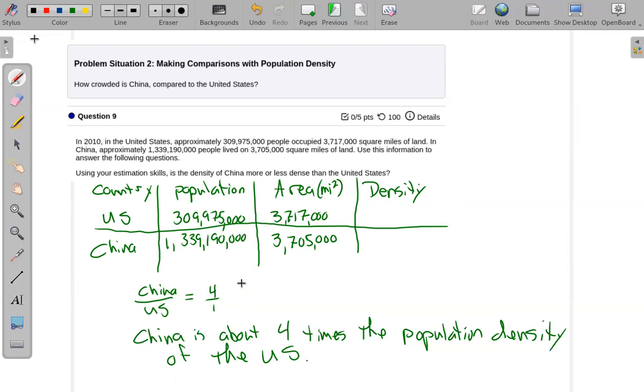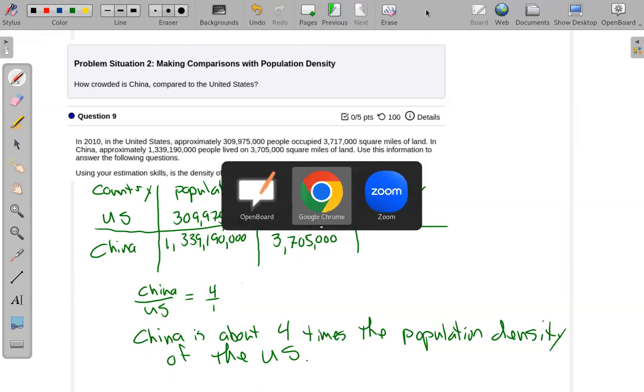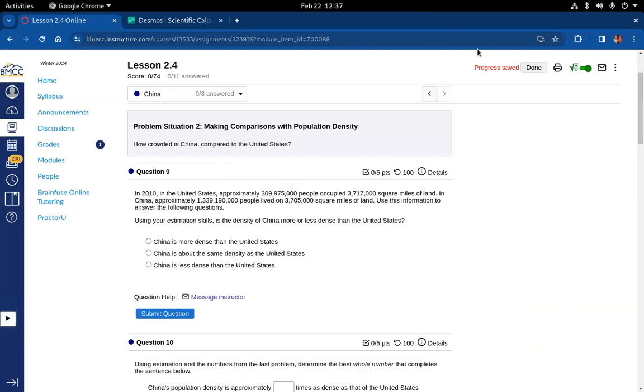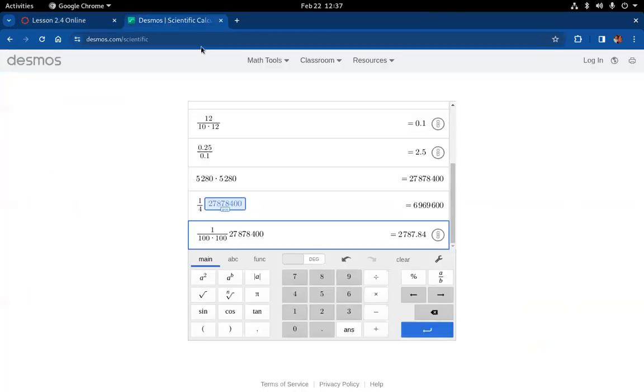The next thing I want to do is make some calculations on the density, and I can do that in a calculator or a spreadsheet. So I'm going to do it both ways for fun. I have Desmos here.